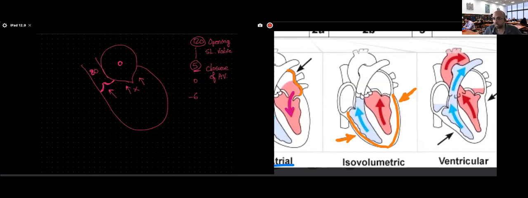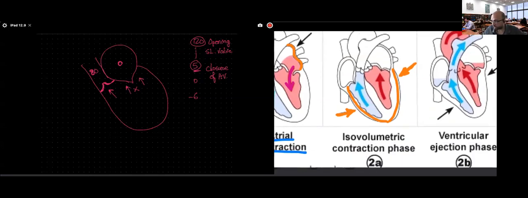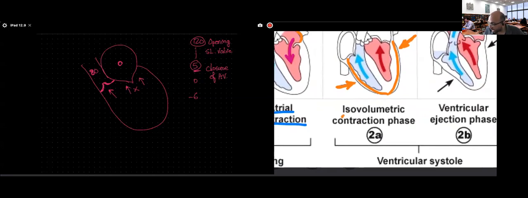So what do we call this phase? This time between the closure of the AV valve and the opening of the semilunar valve is my isovolumetric contraction phase. What's iso? Iso means constant. And volume here, metric means measure.